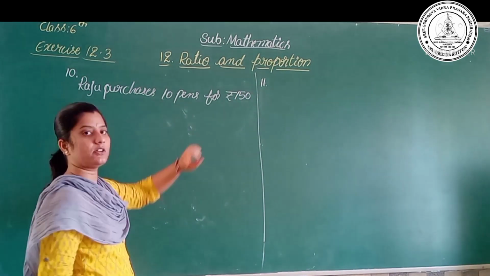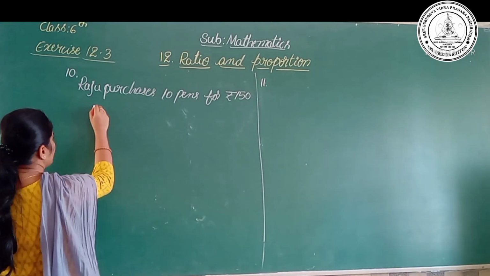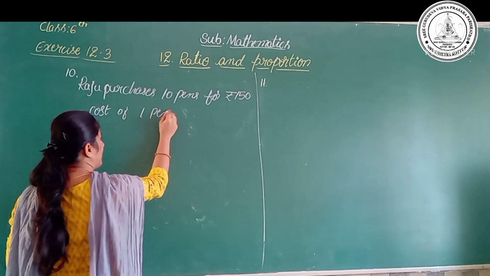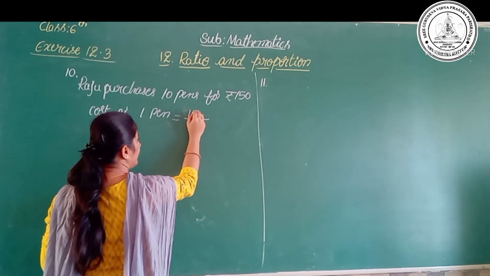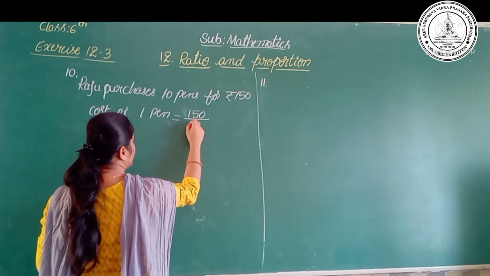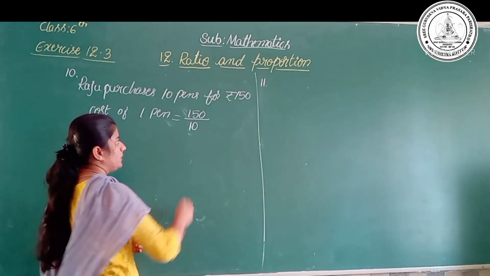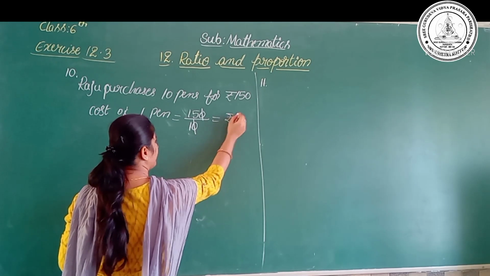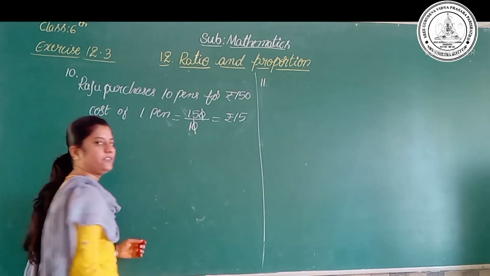Then what is the cost of 1 pen? Find it out here. Cost of 1 pen is equal to 150 divided by 10. Here 10 gets cancelled. The remaining is 15 divided by 1, that means 15 rupees.